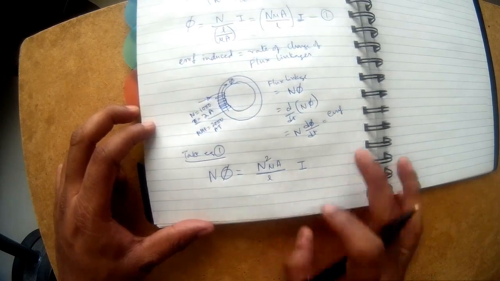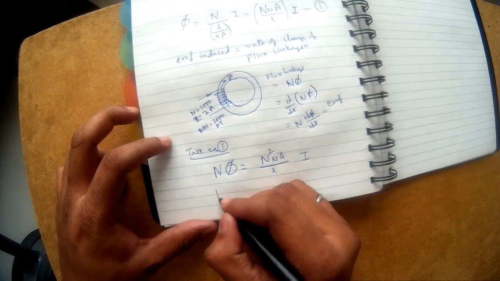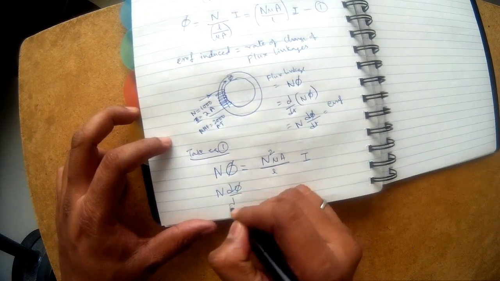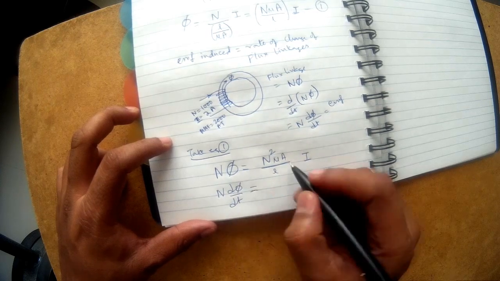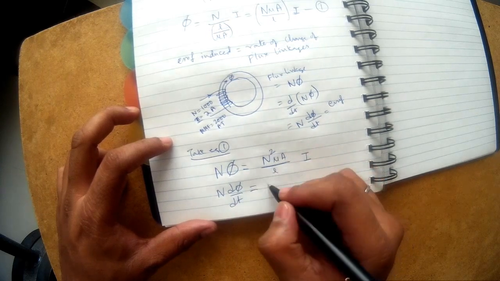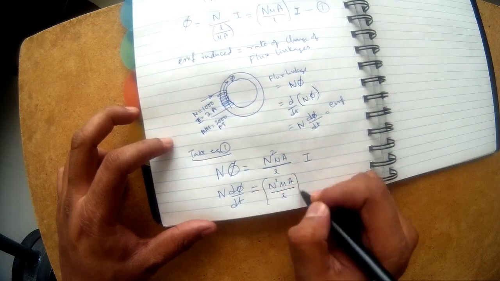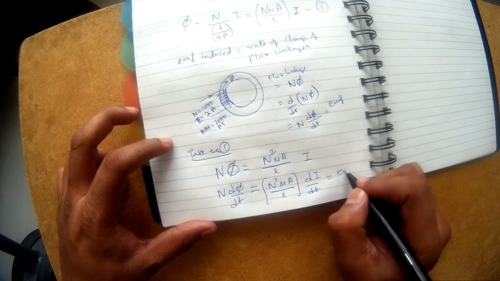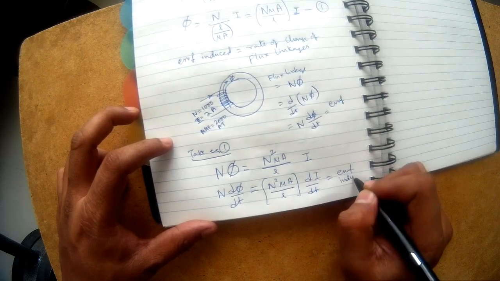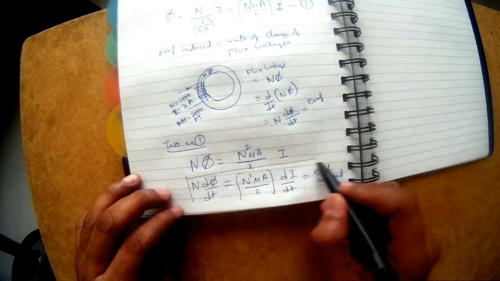So N I already have. Then I differentiate it. So N d phi by dt, because N is constant, I am keeping outside, is equal to this quantity, which is constant, so I will keep it as it is, and then di by dt. This is nothing but EMF induced. So I am getting an equation for EMF induced.